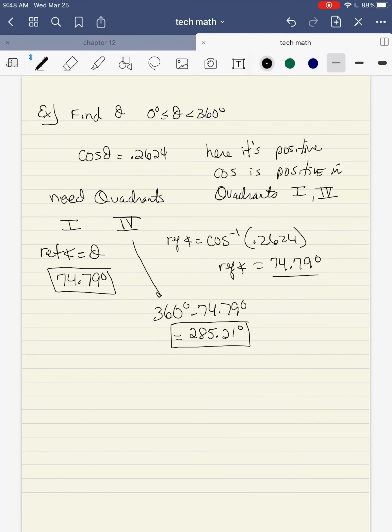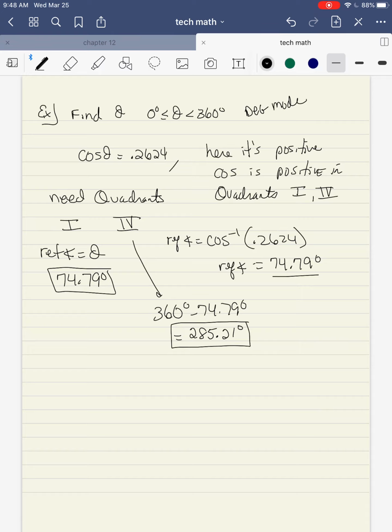Again, find theta between 0 and 360, so this is also in degree mode for the calculator. This time they want me to find the values of theta that will give cosine theta equal to 0.2624. This is positive. So cosine is positive in quadrants 1 and 4. So I need a quadrant 1 angle and a quadrant 4 angle. Again, I see the theta symbol.